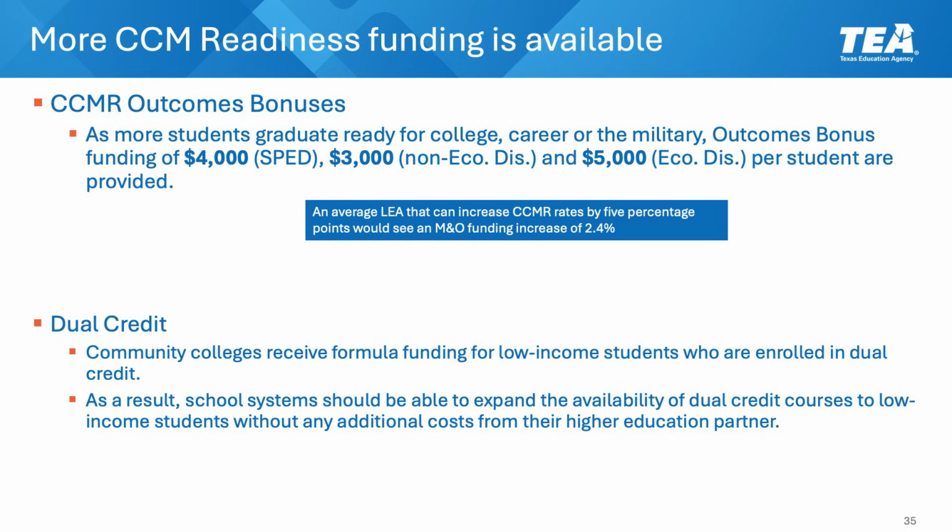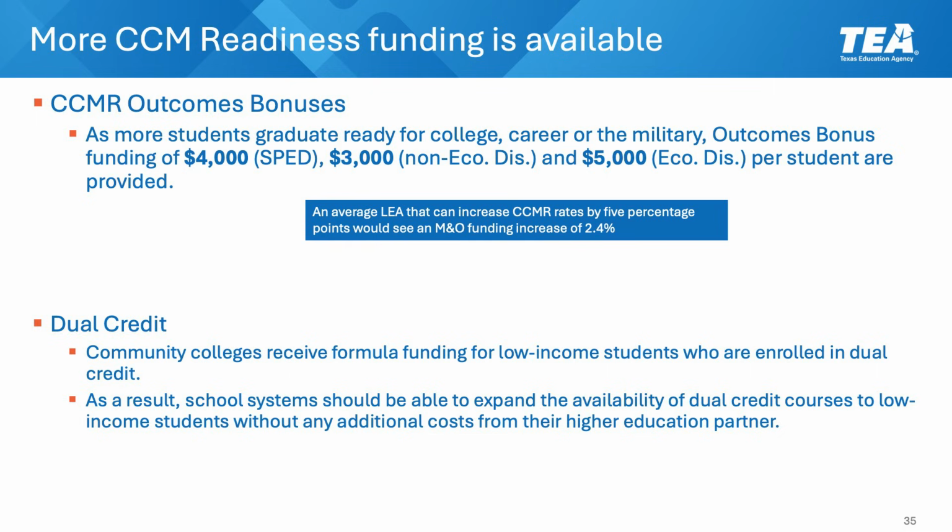The College, Career and Military Readiness Outcomes Bonus is designed to make sure that all kids are college, career, and military ready. What happens in this bonus is that additional money flows back to districts based on outcomes that students achieve. And so actually most of the data with this comes after graduation.